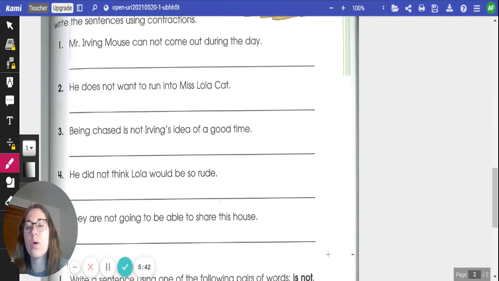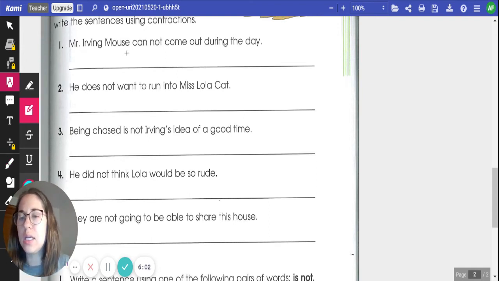We're going to highlight what words should become our contractions, and then we're going to rewrite our sentences with those new contractions below. Number 1, Mr. Irving Mouse cannot come out during the day. First, I'm looking for the words that can be contractions, and I see them with can and not.